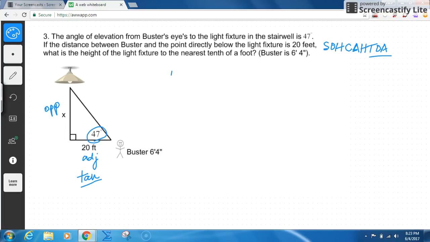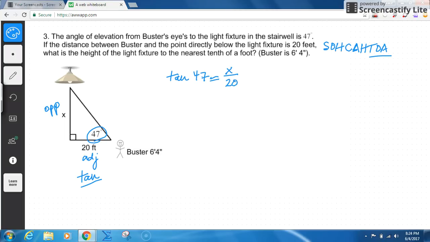So tangent of the angle 47 degrees is equal to the opposite side, which in our case is x, over the adjacent side, which in our case is 20. So there's our setup.